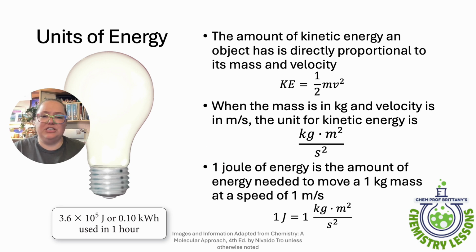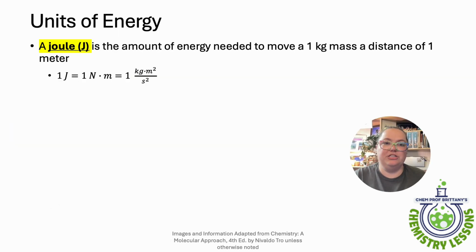This is the amount of energy needed to move a 1 kilogram mass at a speed of 1 meter per second. You may have also heard of watts and watt hours and things like that. That's also related to energy.